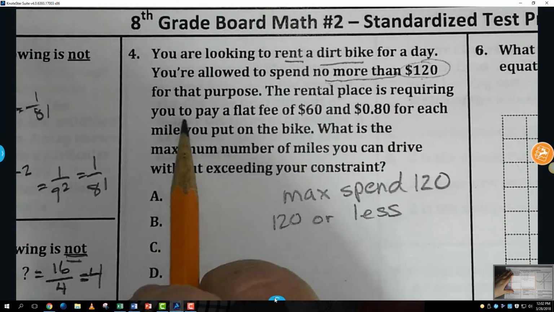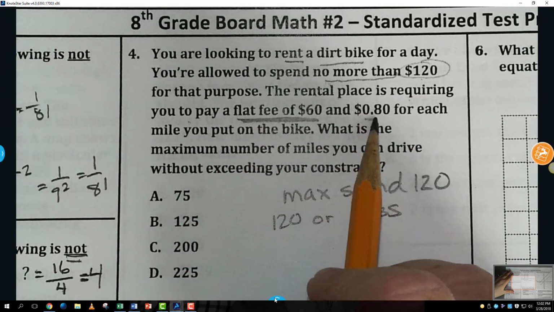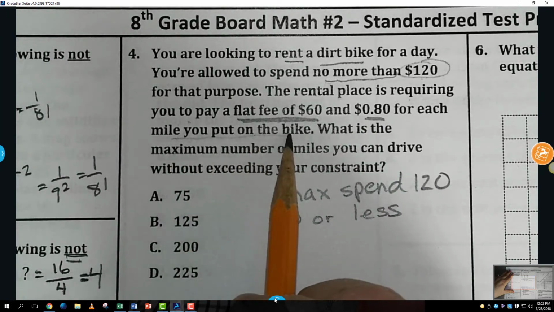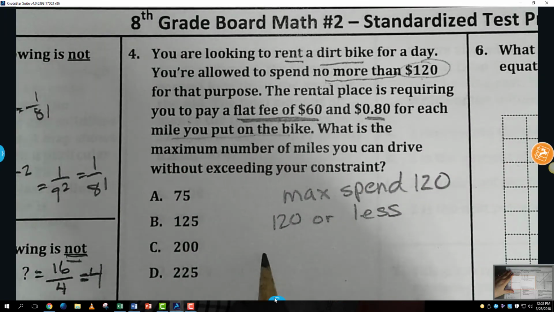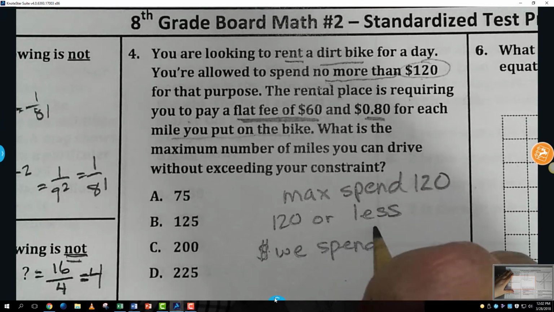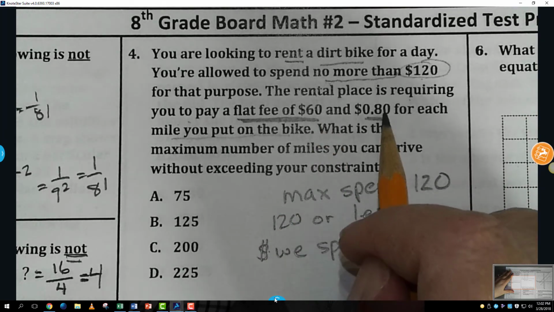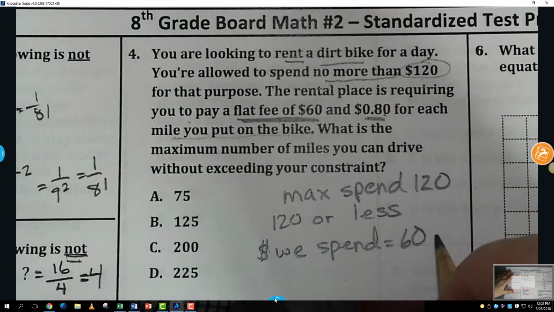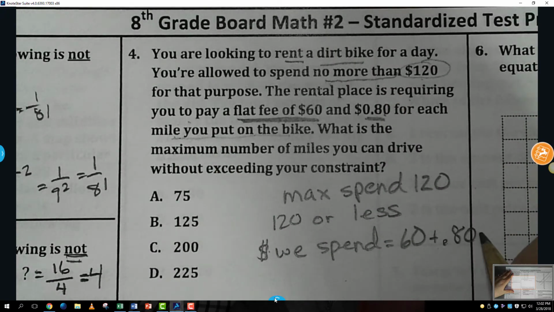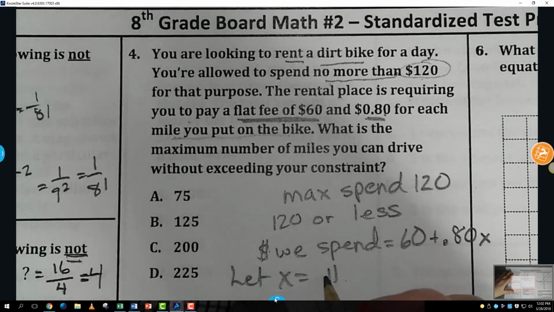The rental places are requiring you to pay a flat rate of $60 and 80 cents for each mile you put on the bike. So how much money we spend is equal to the flat rate of $60 plus 80 cents per mile. And I am letting X equal the number of miles.